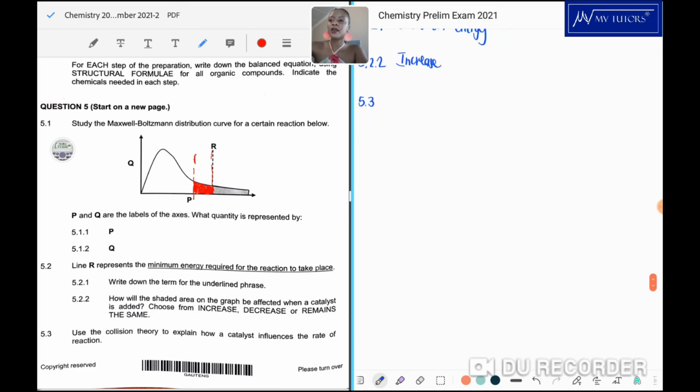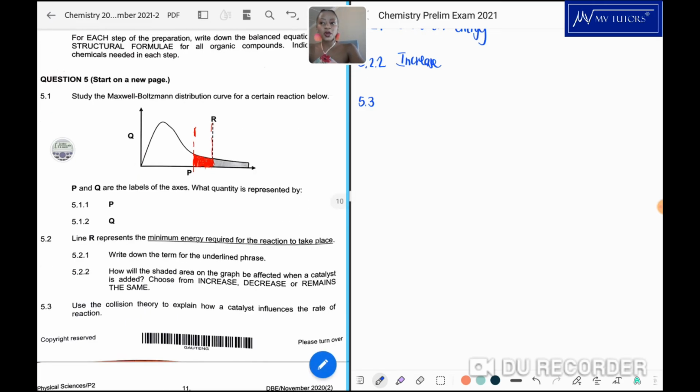So if you recall the collision theory, if you have particles that are just roaming about and you want them to react, first of all, you want them to have enough energy. If they do not have enough energy, as we have seen with the activation energy, they will not react.